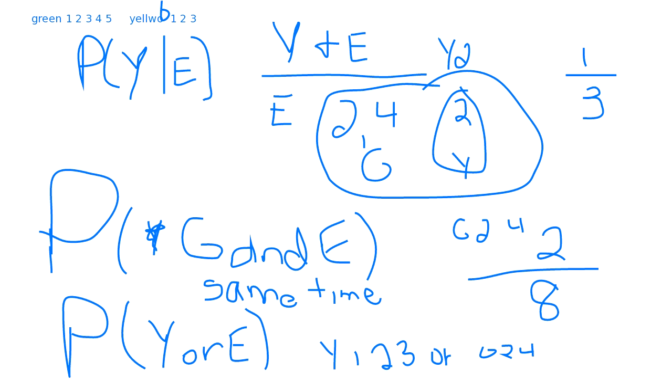So I'll put it down here as a yellow 2 because it's even, but then you're going to subtract it out. Otherwise, you'd count it twice. So how many possibilities for yellow or even are 1, 2, 3, 4, 5? So we have 5 over 8. You have to be really careful on the ors.